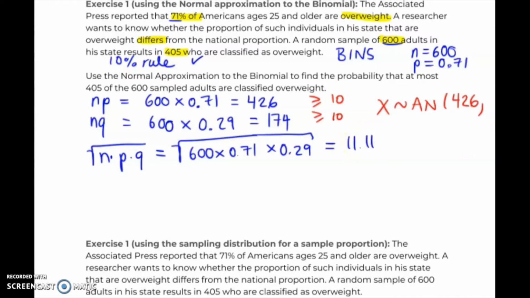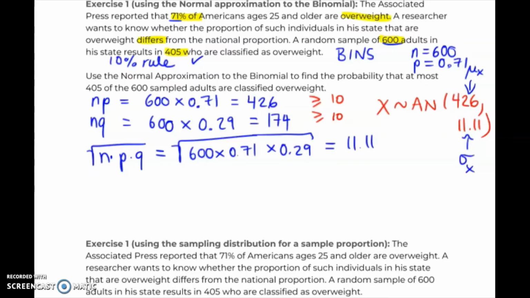So yes, our number of successes is approximately normal with a mean of 426 and a standard deviation of 11.11. So this is our mean of the number of successes, and this is our standard deviation of the number of successes.